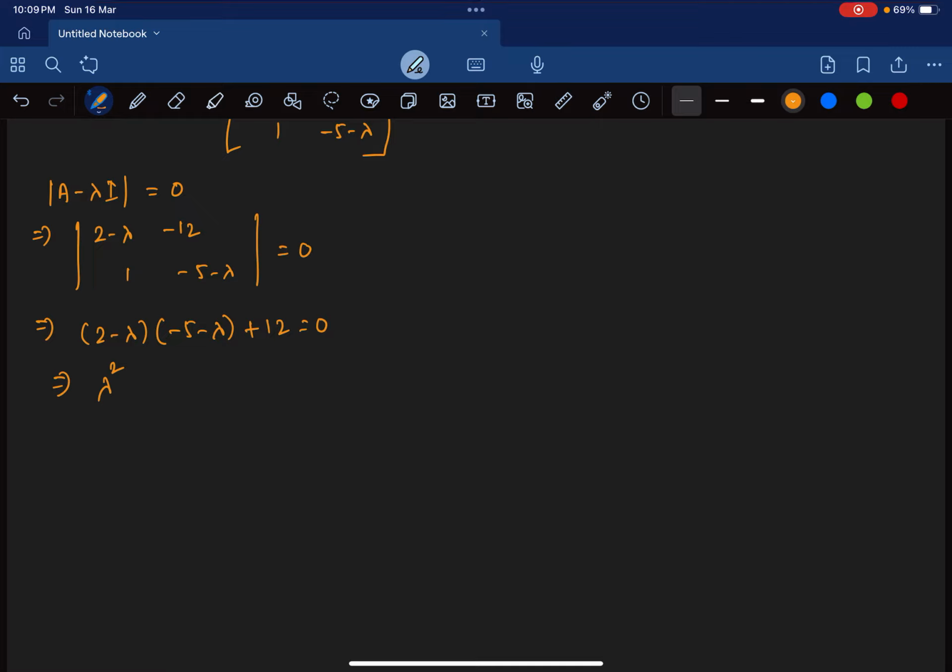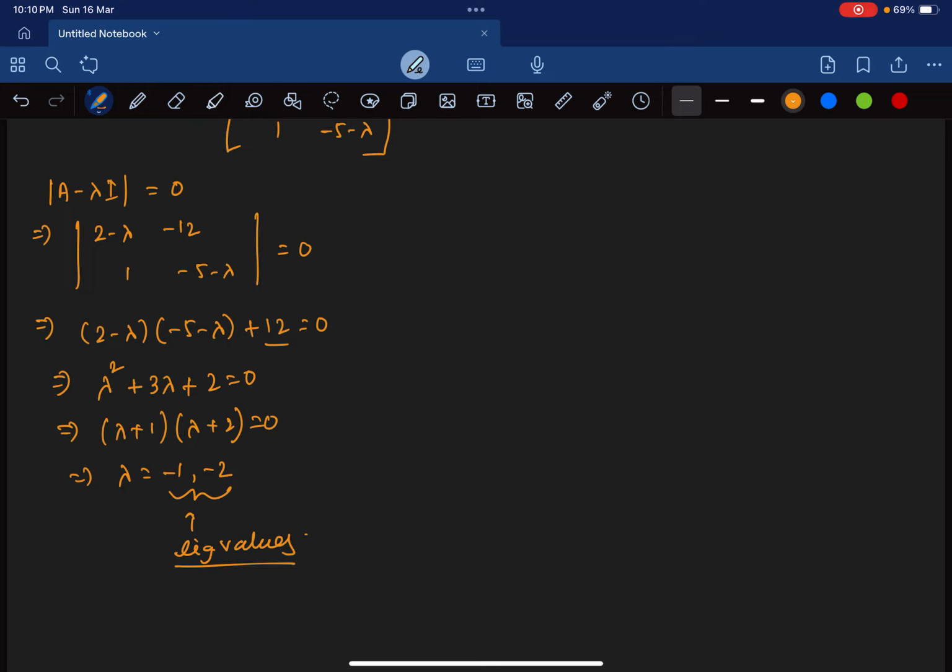Here you have lambda square, plus 3 lambda, then minus 10 plus 12, so plus 2, equals 0. If you factorize this, lambda plus 1 and lambda plus 2, so lambda is equal to minus 1 and minus 2. These will be the eigenvalues.